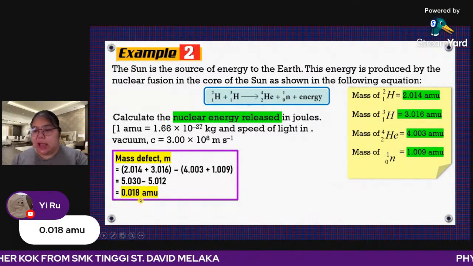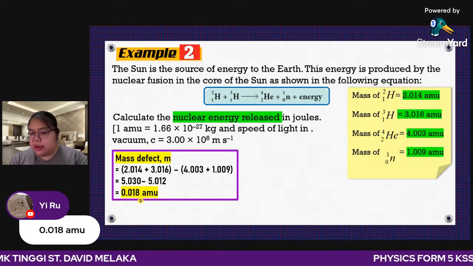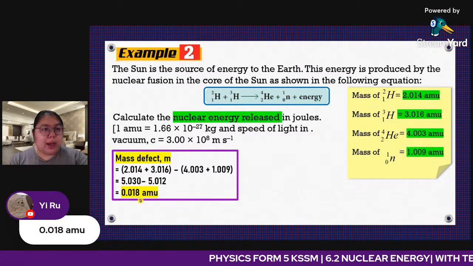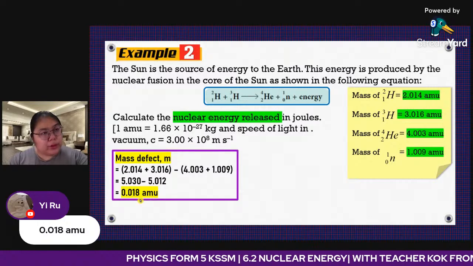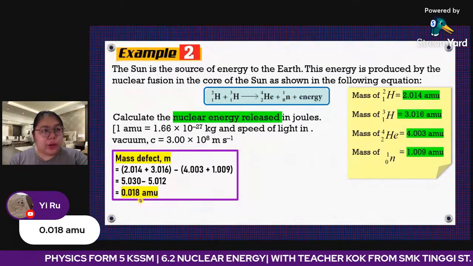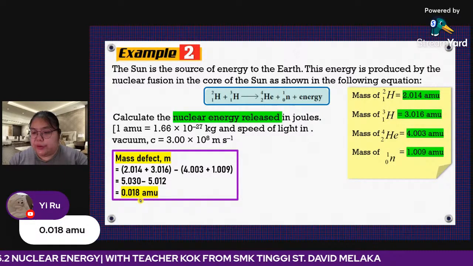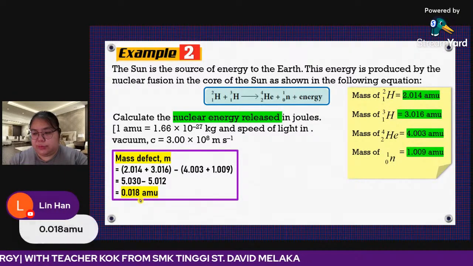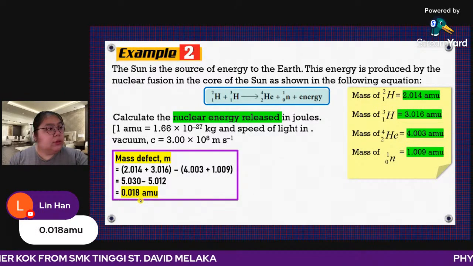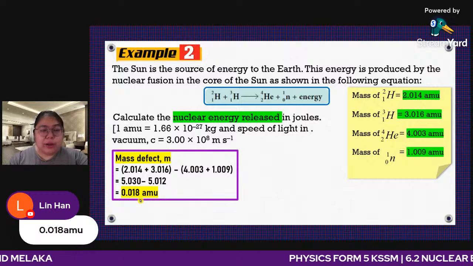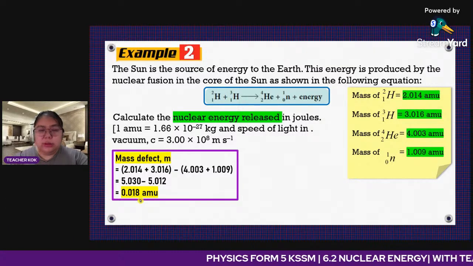The next step you need to convert. Yes, correct, Linghan. Now you straightforwardly multiply with 1.66 times 10 power negative 27, to convert to kilograms.